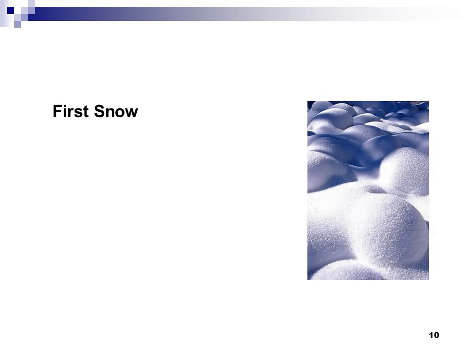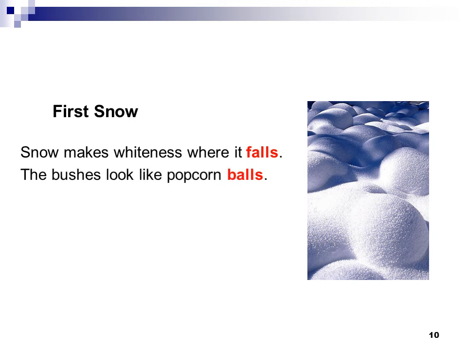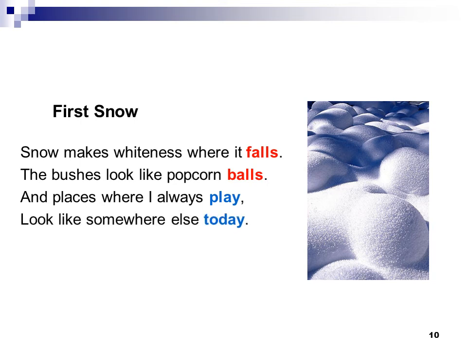Now we'll see another example for rhyming words. First, here is one poem. So we'll see how we can find rhyming words in this poem. Snow makes whiteness where it falls. The bushes look like popcorn balls. And places where I always play look like somewhere else today.